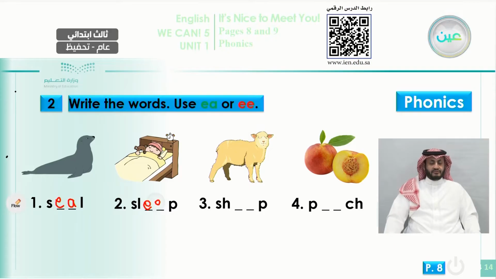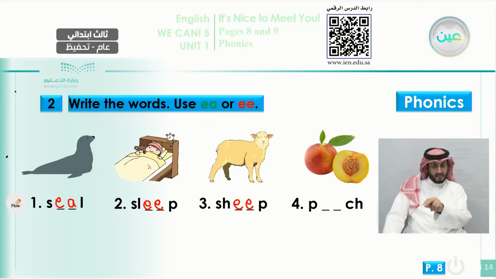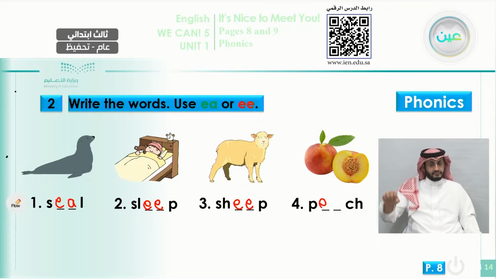How do you spell sleep? S-L-E-E-P. Also, we can do the same with the sheep. This is the sheep, double E. S-H-E-E-P. Peach also, but here the second letter is E, and the third one is A. So here we have peach.